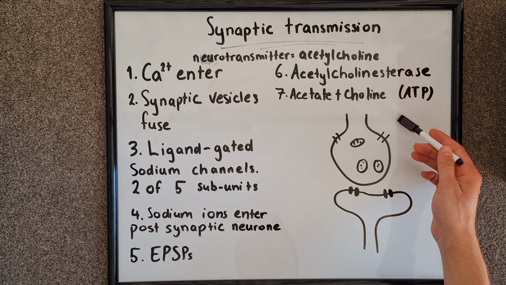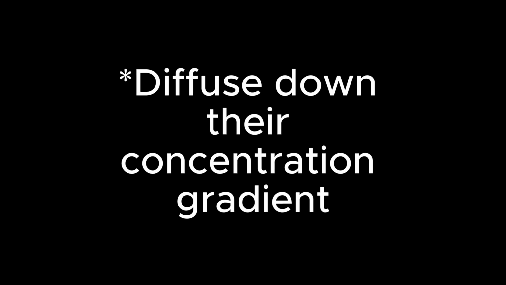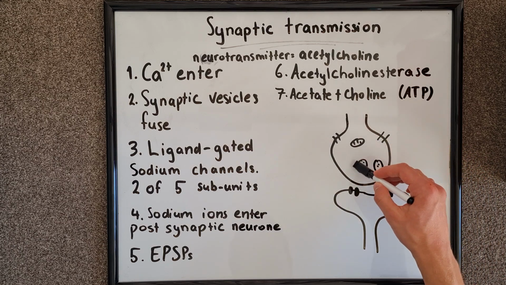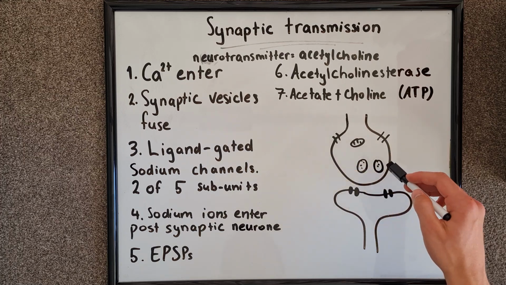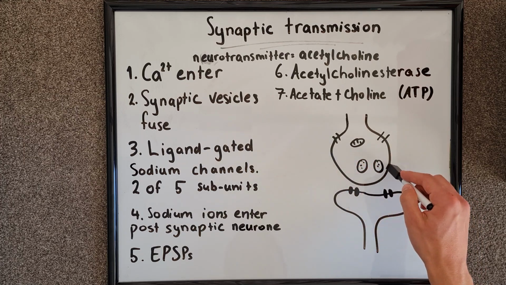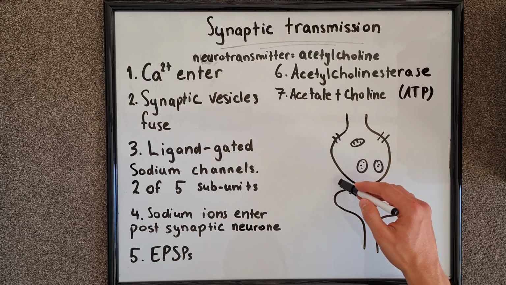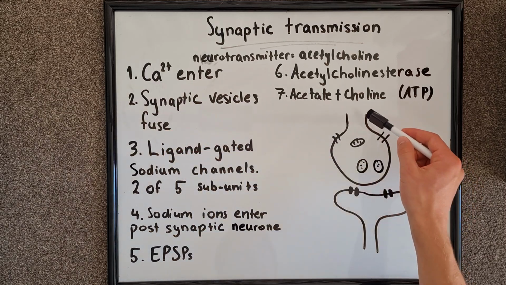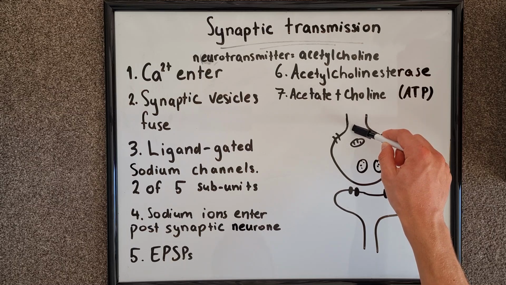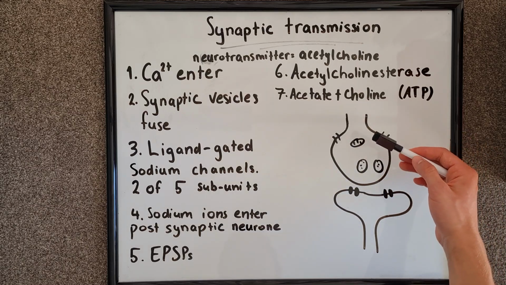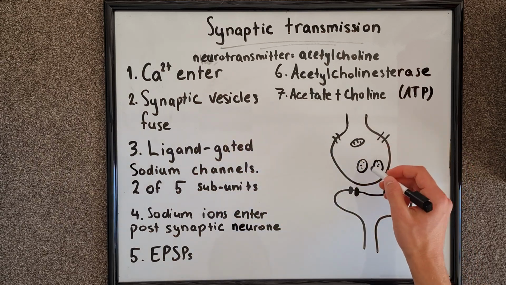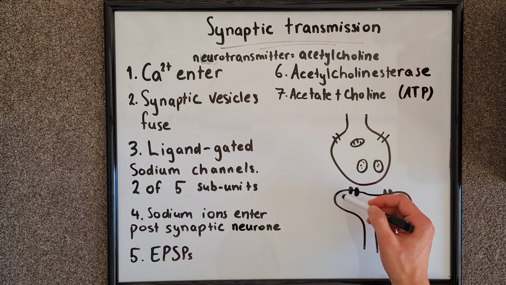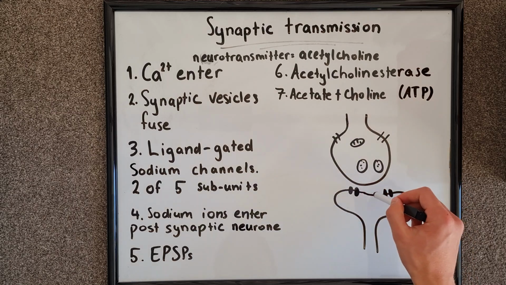So calcium ions will enter the synaptic knob, and when they do this, they're going to stimulate the synaptic vesicles to fuse with the presynaptic membrane, releasing the neurotransmitters into the synaptic cleft. So the calcium ions entered because of the action potential that came along the axon in the presynaptic neuron. Those calcium ions then caused the synaptic vesicles to fuse with the presynaptic membrane to release the neurotransmitter acetylcholine into the synaptic cleft.